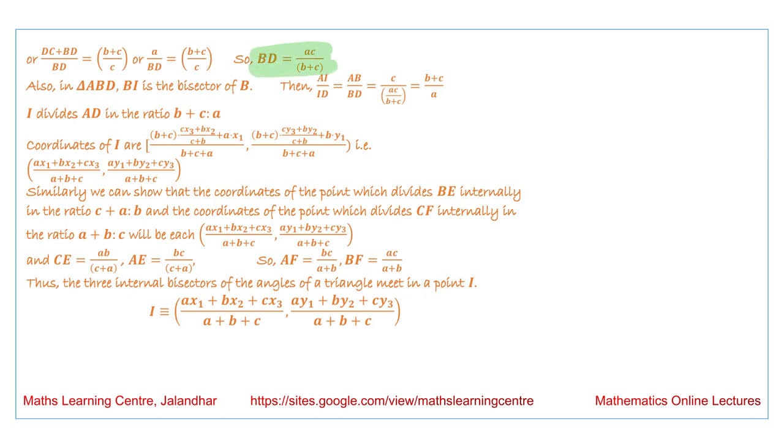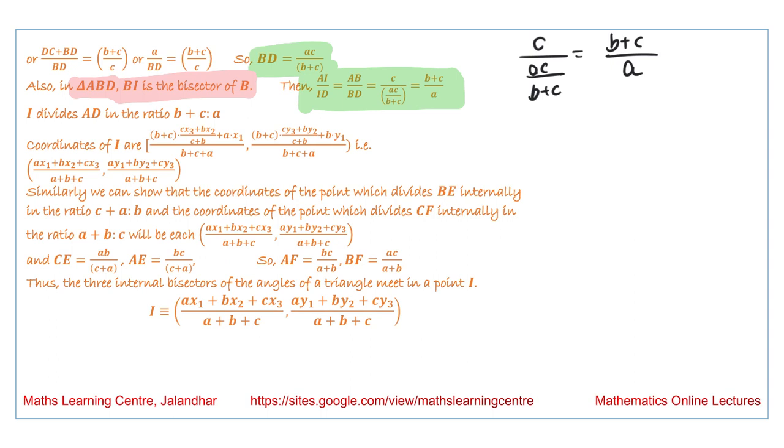Now if we talk about triangle ABD, BI is the bisector of angle B. So we have AI over ID equals AB over BD, and this gives us c over (ac by (b + c)), which is equal to (b + c) over a.